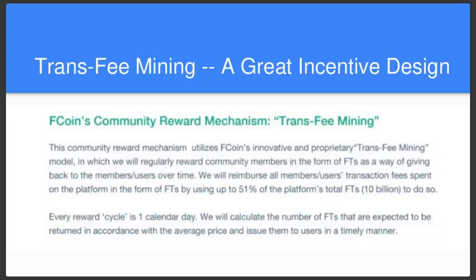Because this exchange waives all my fees and I get tokens back, and sometimes the token actually appreciates, that creates a very strong incentive for people to switch from other exchanges to FCoin. That's the reason they drove the volumes all the way up to $70 billion within the first two weeks of launching the product.